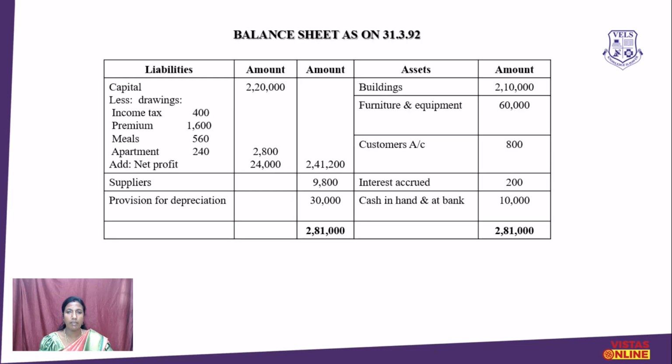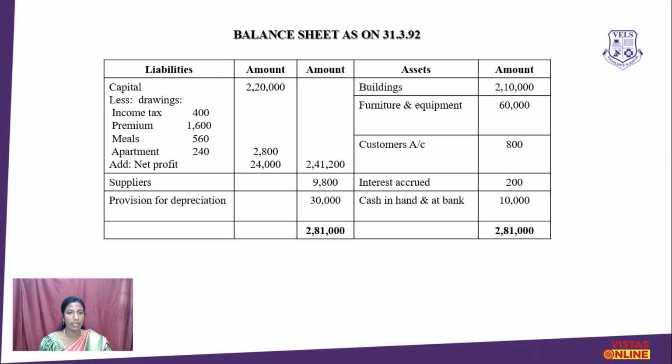That is the balance sheet of the apartment and meals departments as on 31st March 1992. On the liability side and asset side: all the liabilities you should mention on the liability side, and all the assets you have to mention on the asset side. On the liability side, capital 2,20,000 less drawings. The drawings include income tax 400, premium 1,600, meals 560, apartment 240.